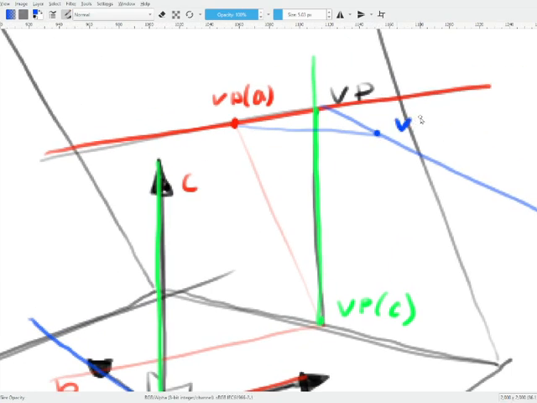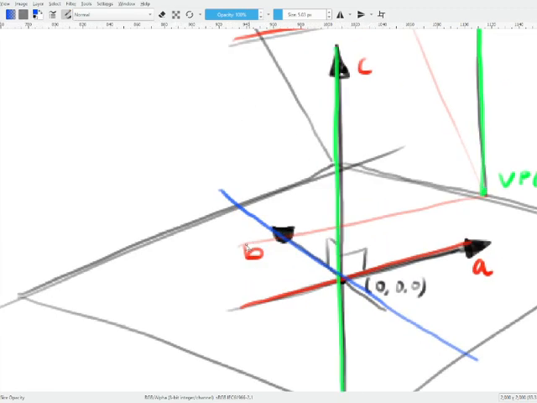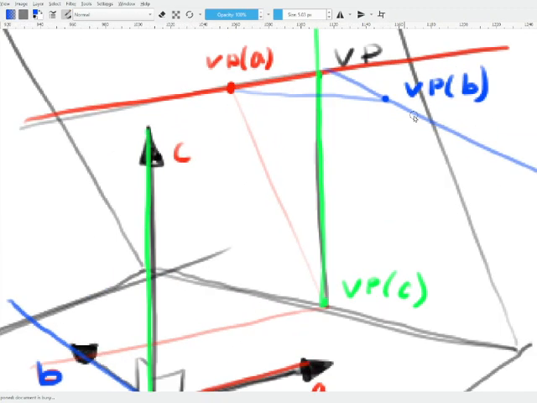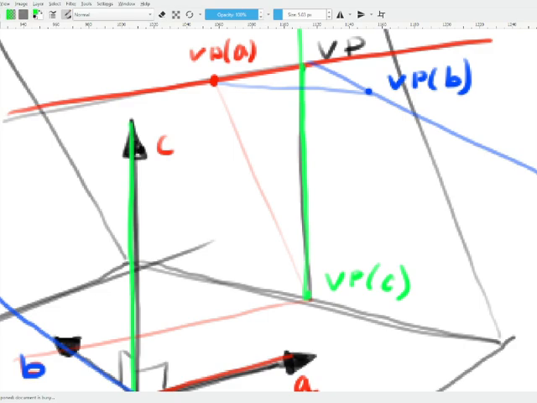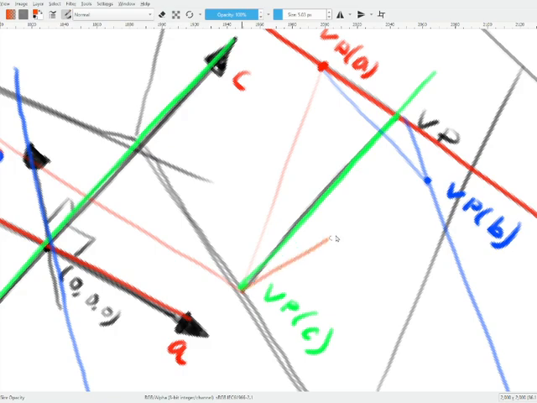So this is vanishing point B. Now, if we connect all vanishing points, we will get some triangle.